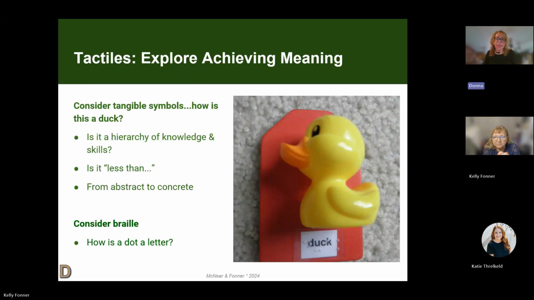So to think about that concept, and then that idea of abstract to concrete. So, literacy is abstract concepts. Print is an abstract concept. Yet it becomes concrete in our learning. All those print symbols, we learn to read.